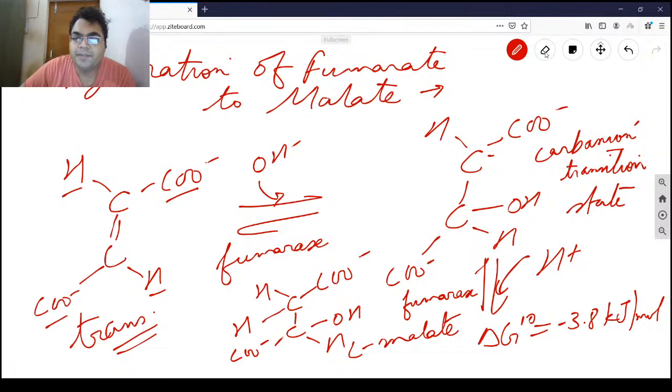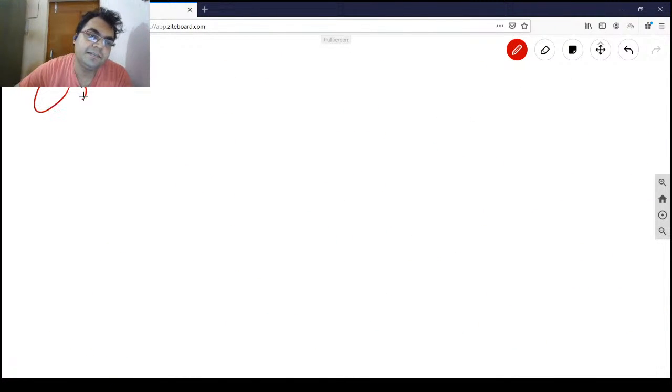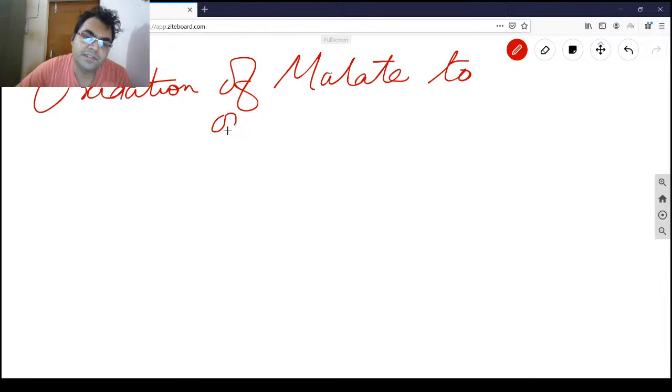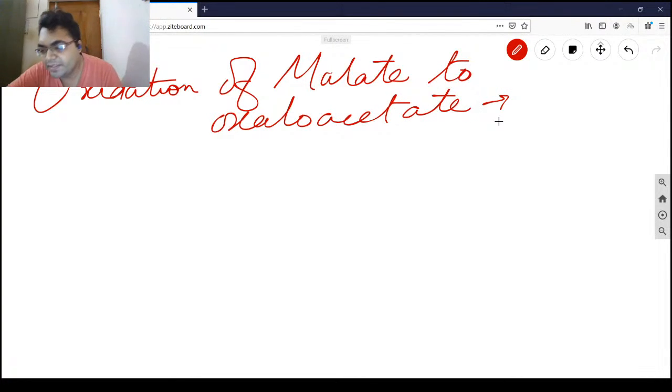So succinate to fumarate, then fumarate to malate, then malate to oxaloacetate. So the oxidation of malate to oxaloacetate. That is the next step.